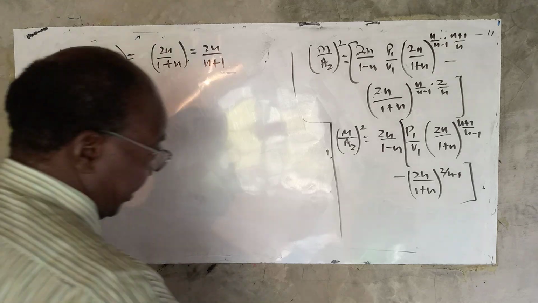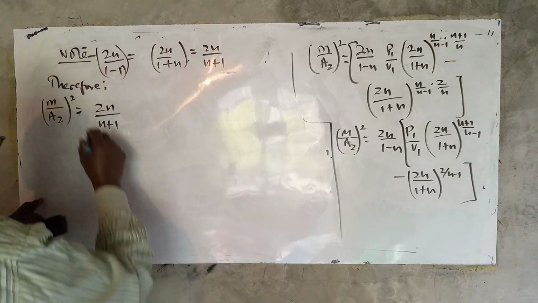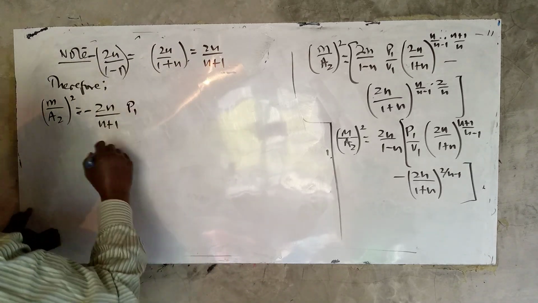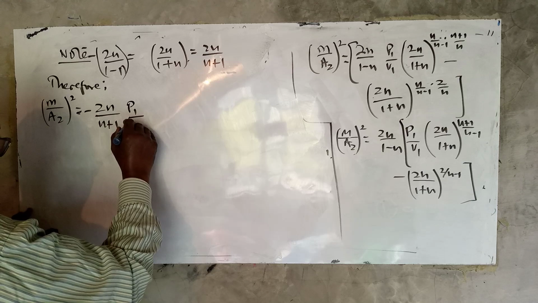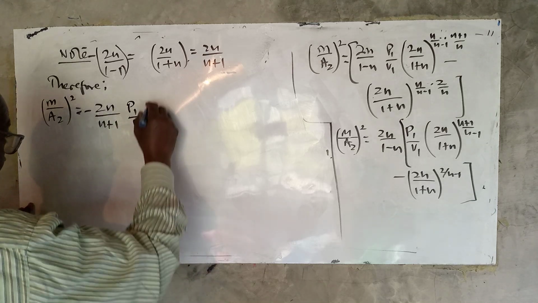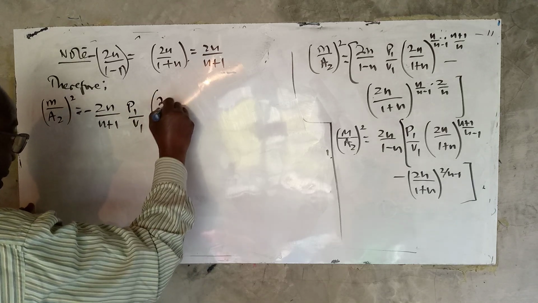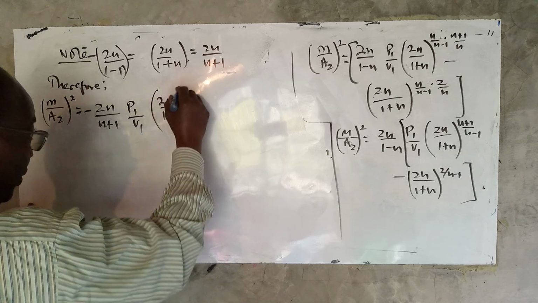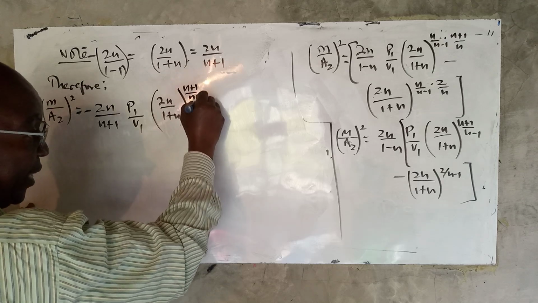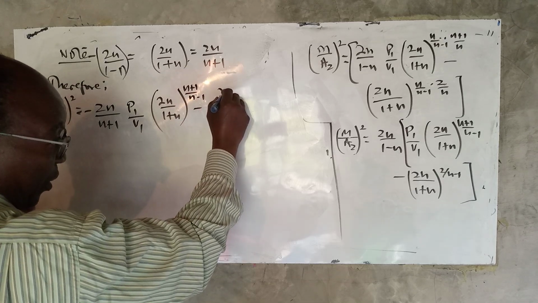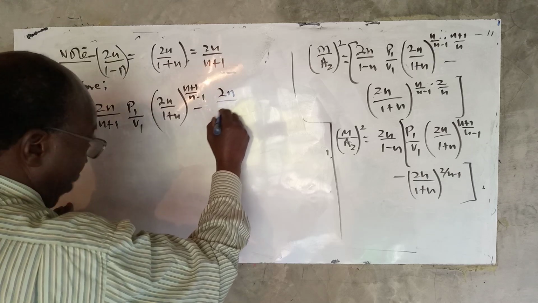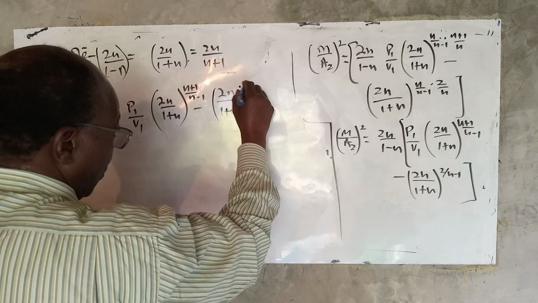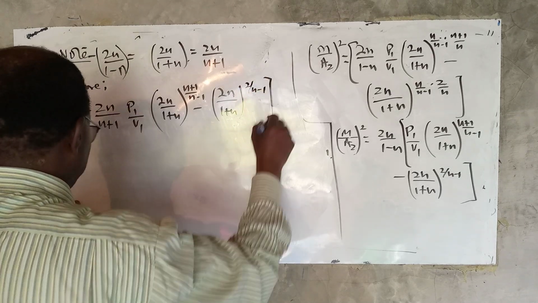Take the minus sign for that particular quantity. Minus 2n plus 1 P1 over V1 into 2n over 1 plus n into n plus 1 over n minus 1 minus 2n over 1 plus n, 2 over n minus 1.